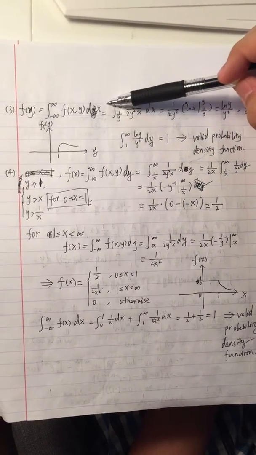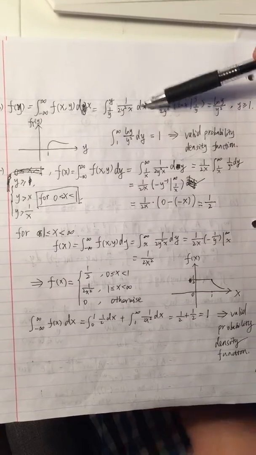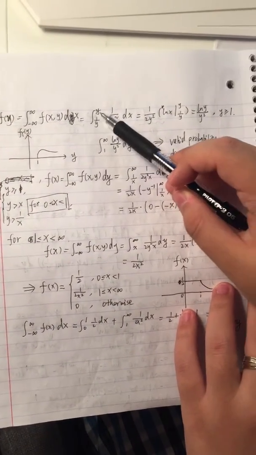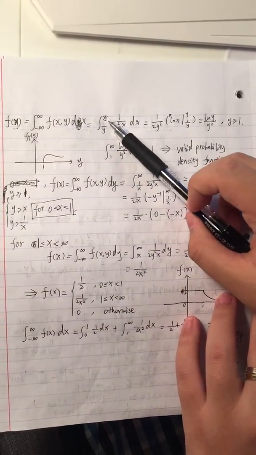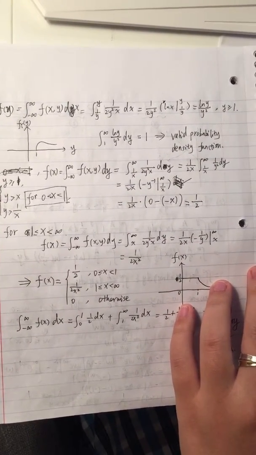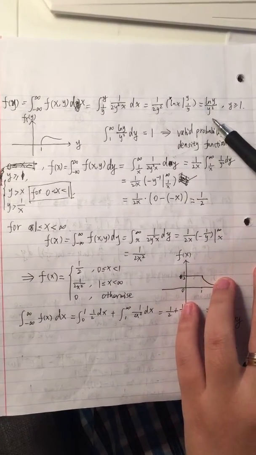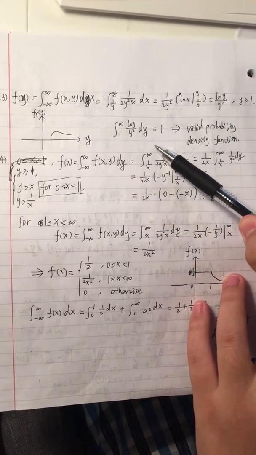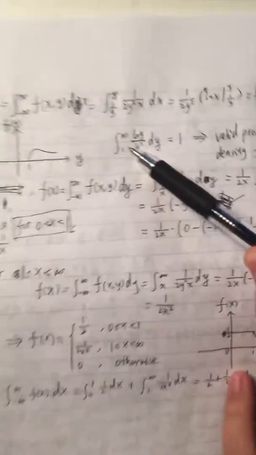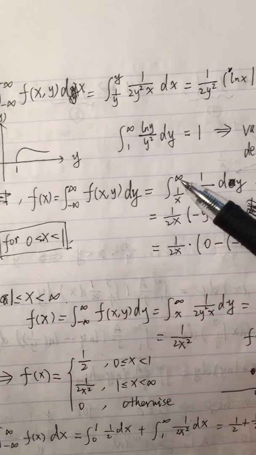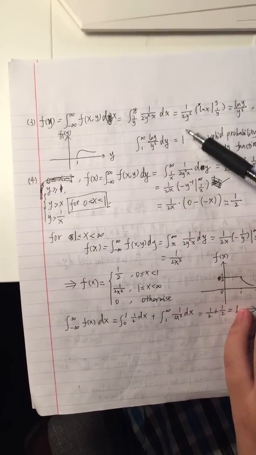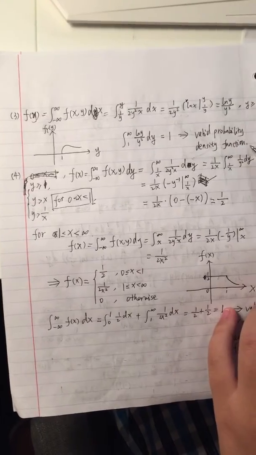For this dx, x ranges over this area, so we integrate from 1 divided by y to y over fxy. The final result is ln y divided by y squared, and then we integrate from 1 to infinity to check if it's valid. The integral of this one is 1, so it is a valid probability density function.